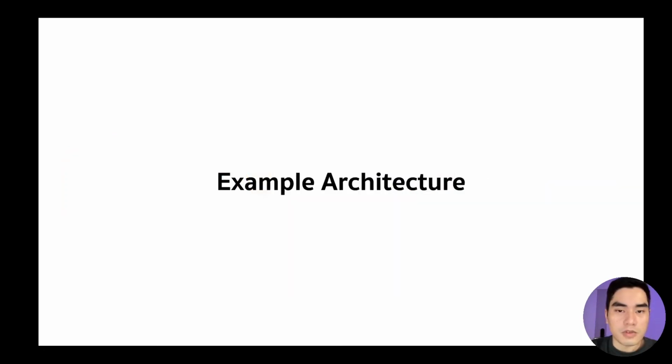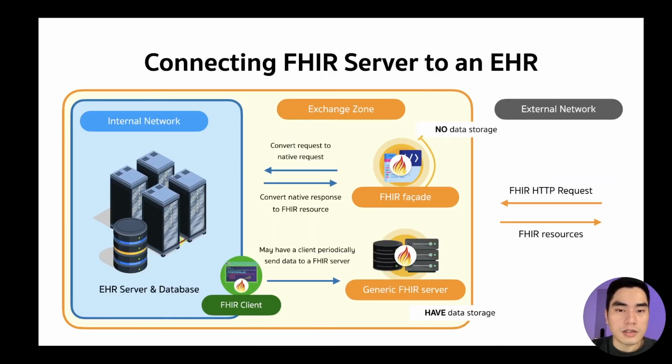So I will give you some example architecture. Let's say that you want to connect the FHIR server to an EHR of your hospital. In this area, the box is a network that you are in control of. Maybe it's the internal network or maybe it's the exchange zone that you plan to exchange with other parties.